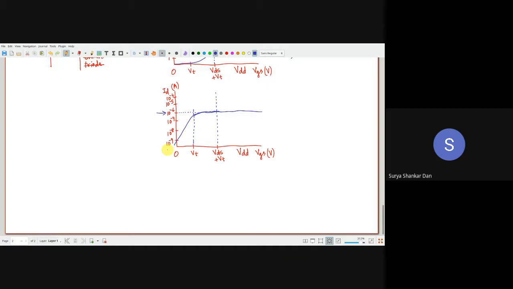Now you can argue, okay sir, it is exponentially decreasing, so if I put VGS very low, the current will anyway be very small, isn't it? You are absolutely correct. But the point is, when we assume that VGS equals 0, when is VGS equal to 0? Again, let's come to the VTC. Remember? Sorry.